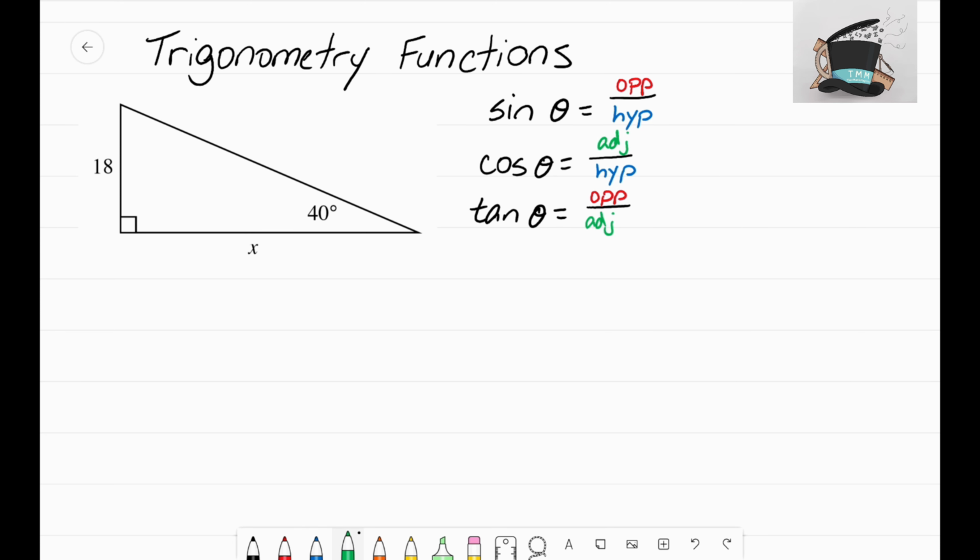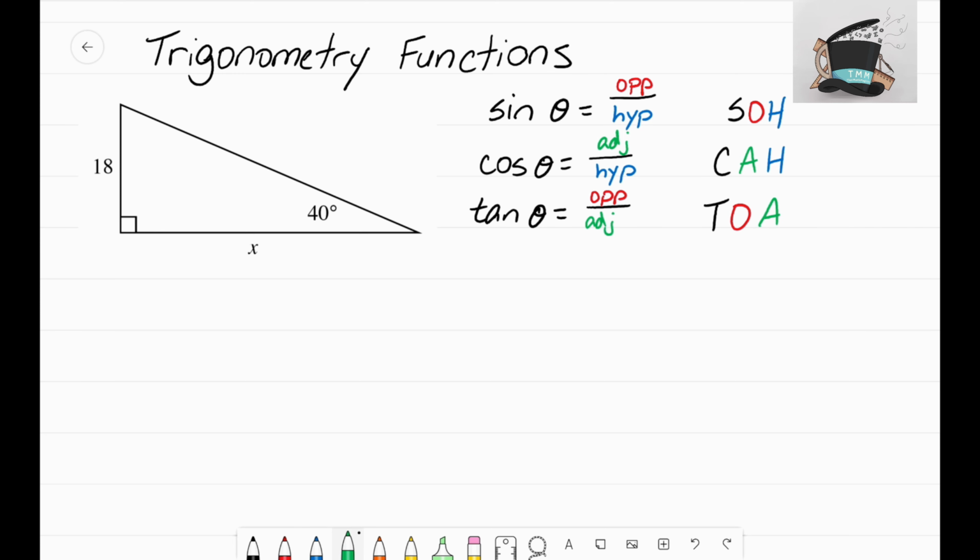All right, and then we also came up with a little acronym to help us remember that. We called it SOH CAH TOA. And so I'm going to write it out like this. It's taken me a while to write this out just because I'm trying to make sure I keep my color scheme the same.